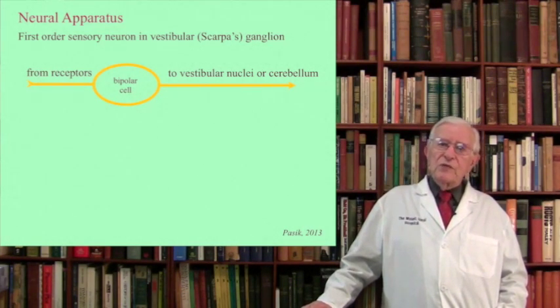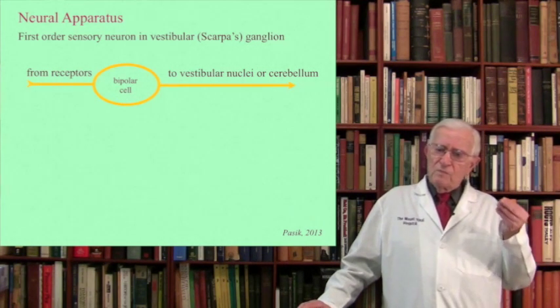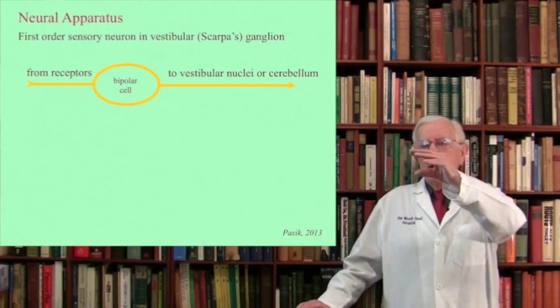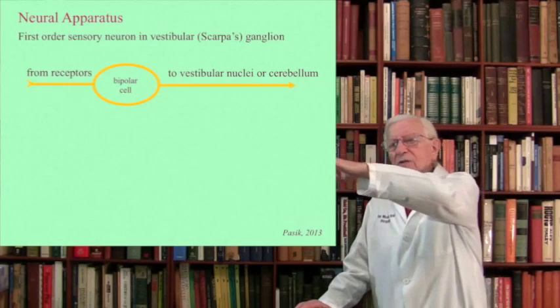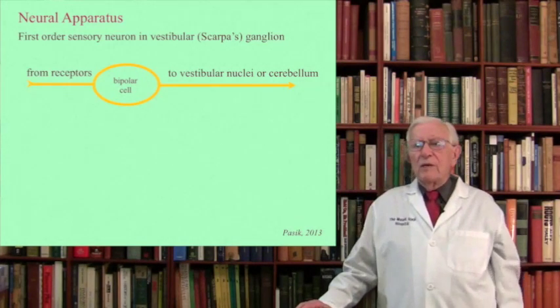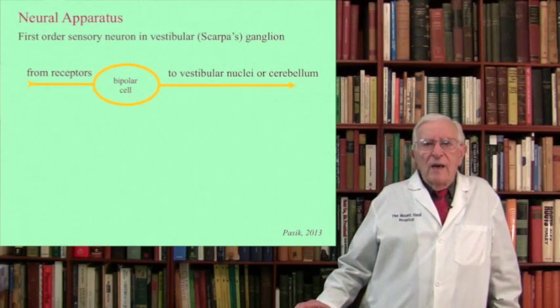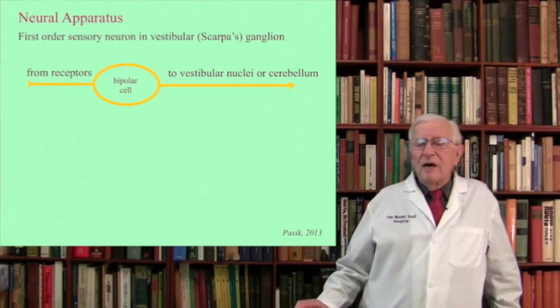Now, it's interesting that this path, from the fibers from the receptors, the bipolar cell, and the fibers of the vestibular nerve going to the brainstem and the cerebellum, they have some myelinated covers.